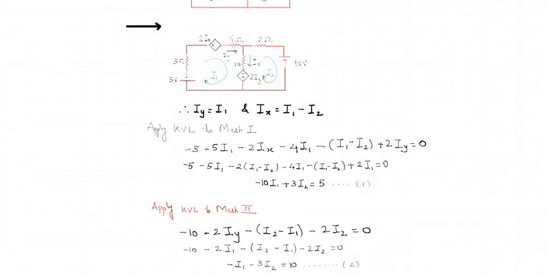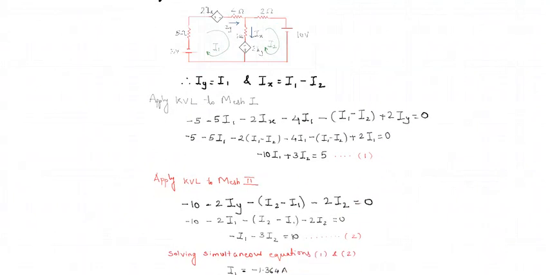And then finally, we know that our IY is nothing but I1. So we substitute it and we get one more simultaneous equation, which turns out to be minus I1 minus 3I2 is equal to 10. So you have two simultaneous equations, equation 1 and equation 2. I hope you all know how to solve simultaneous equations.